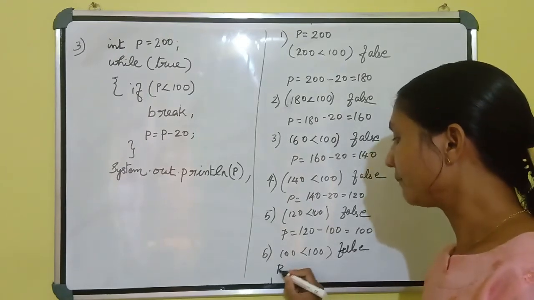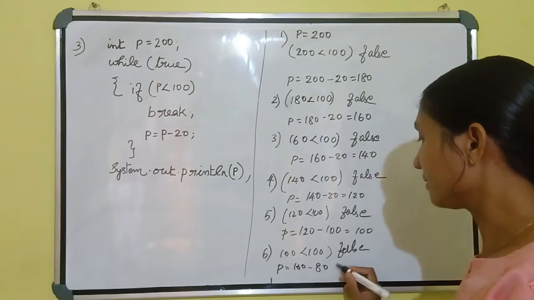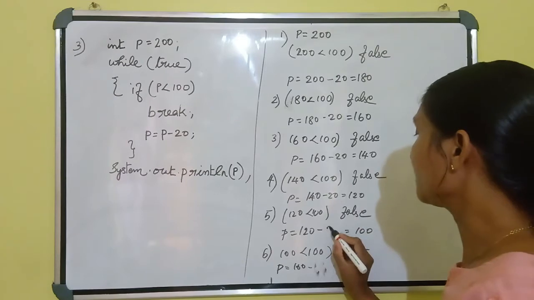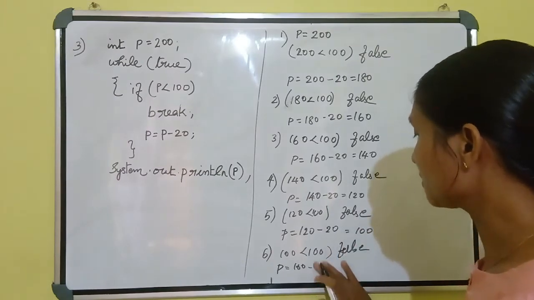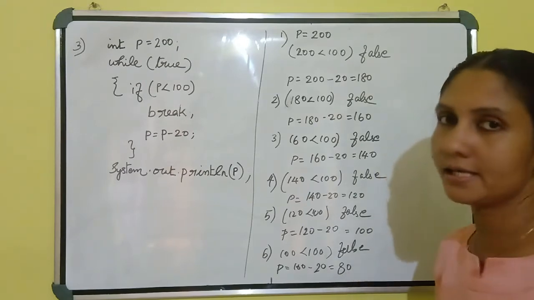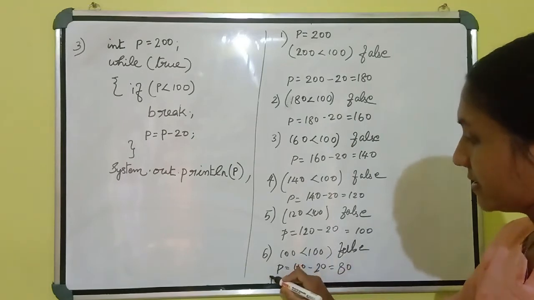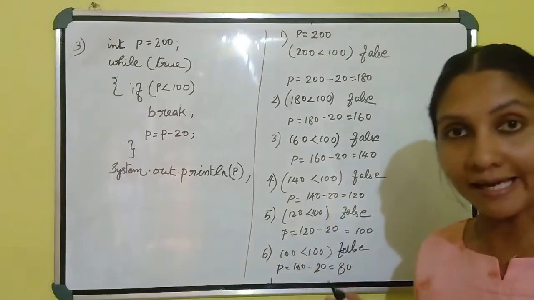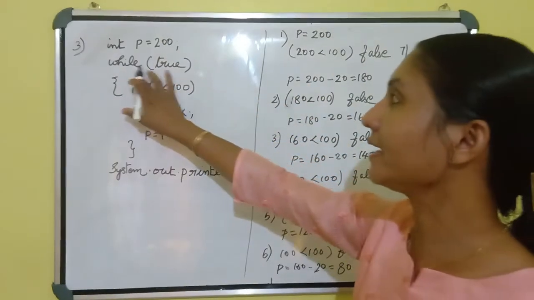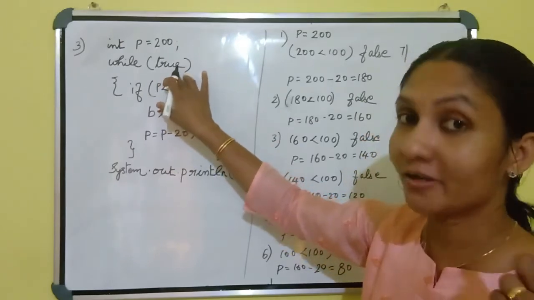Then you will get p = 100 minus 20, which is 80. The value is 80. It will again work, because the condition in this while loop was given as true.